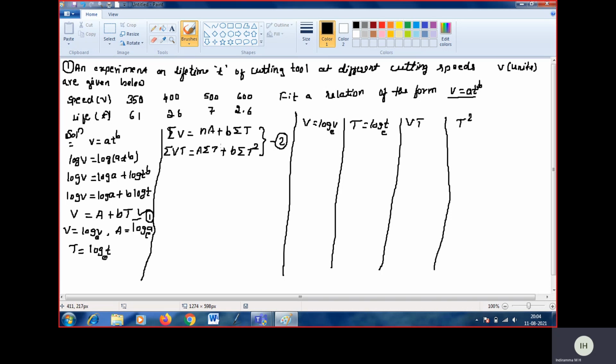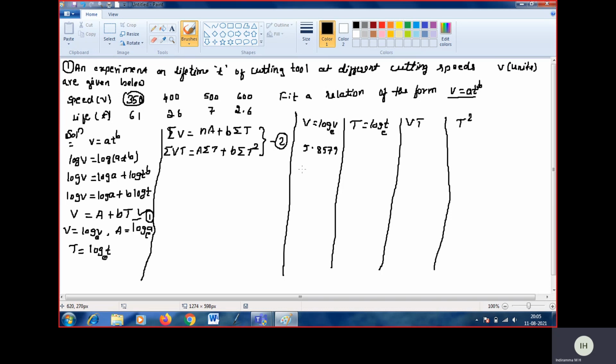So now go on substituting these values. So we obtain, as we know that small v is 350. Log of 350 with base e, that is in your calculator you have to consider ln of 350. ln is for base e, log is for base 10. So ln of 350 is 5.8579.